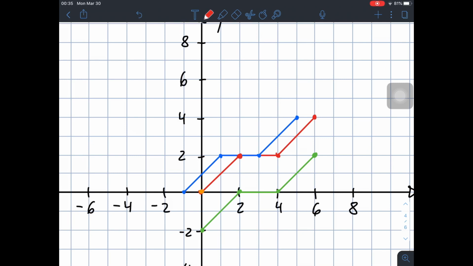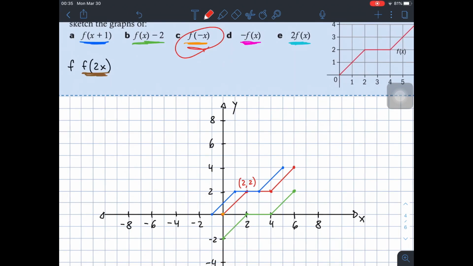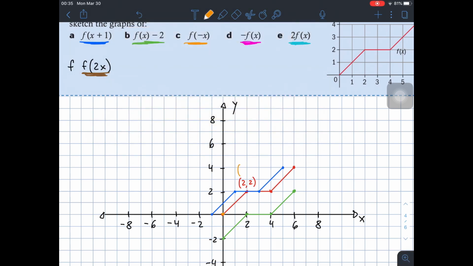Then if I write the coordinates of this second point, this one over here, this has coordinates 2, 2. When we try to find f of minus x, what we're gonna do is change the sign of the x coordinates. So this would be negative 2, 2. So that point is over here, right?